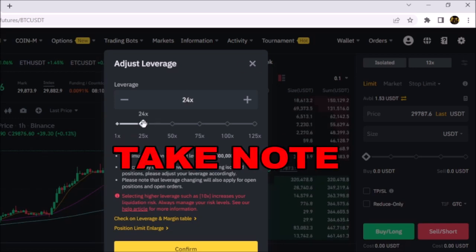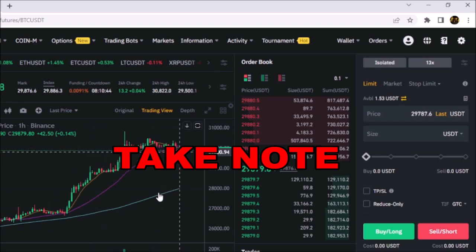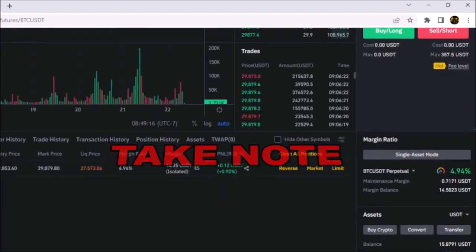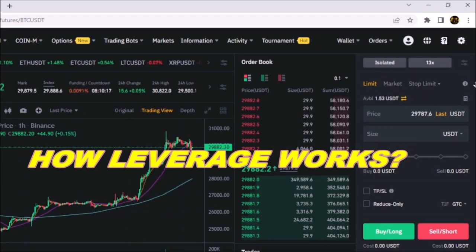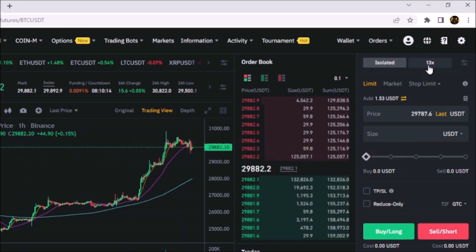When you decide to use a high leverage, it means the liquidation price will also be very high. Leverage works like this. Suppose you have selected 13x and you are using BTC USDT. They will multiply the percent that the specific pair has made by the leverage that you have used. Let's say it has moved 2%.